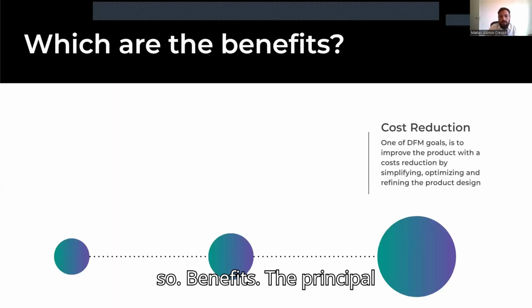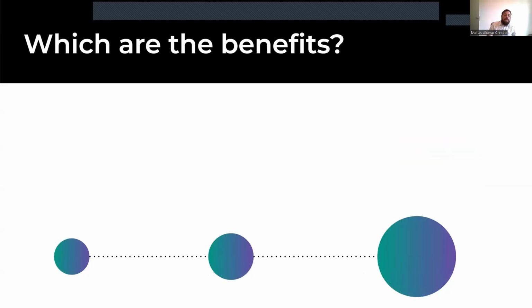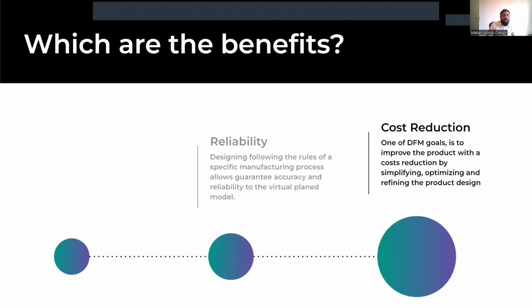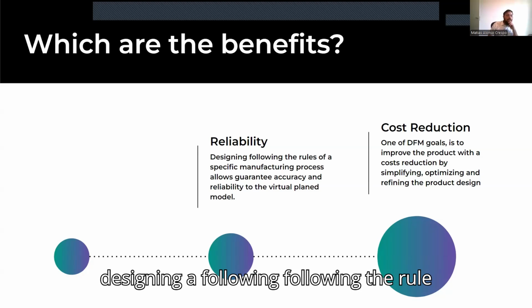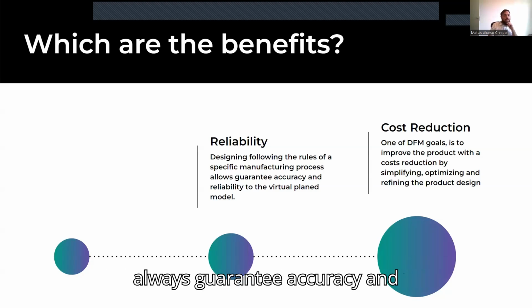So, benefits. The principal benefit of DFM is to improve the product with a cost reduction. Reliability: designing and following the rules of the specific manufacturing process always guarantees accuracy and reliability to the virtual planning model.